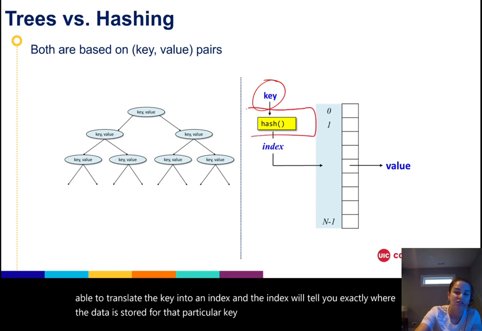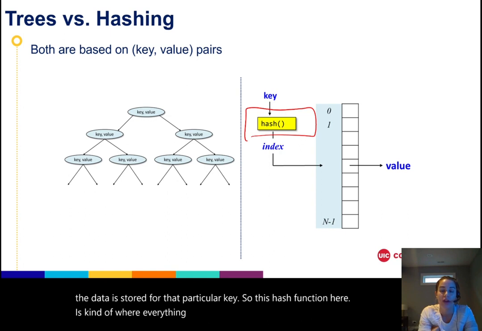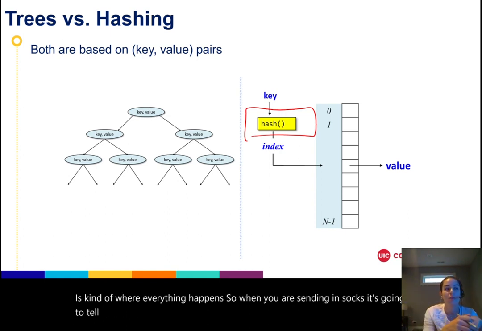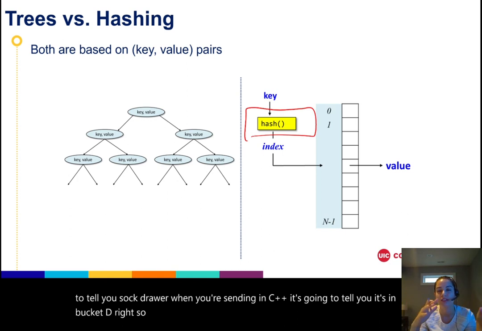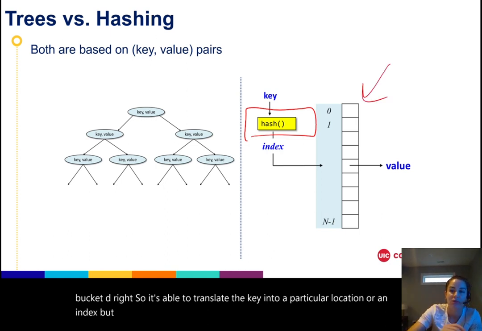This hash function is kind of where everything happens. When you send in socks, it's going to tell you sock drawer. When you send in C++, it's going to tell you it's in bucket D, right? So it's able to translate the key into a particular location or an index. But the data structure of a hash table is nothing fancy.